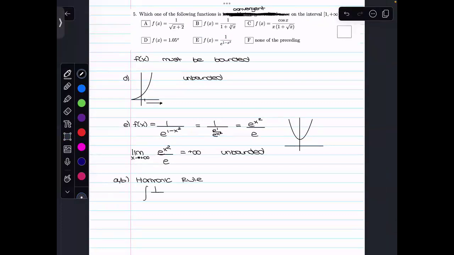And this one says that if you're integrating 1 over a power, a positive power specifically, from 1 to infinity, it's going to diverge to plus infinity when the power is less or equal to 1. And it's going to converge if the power is more than 1.